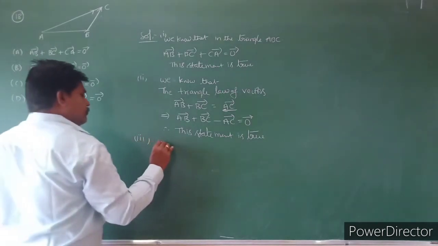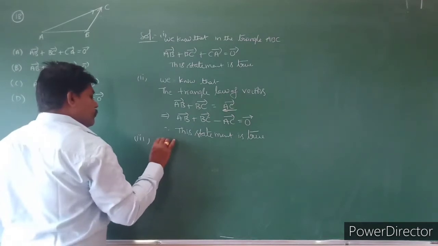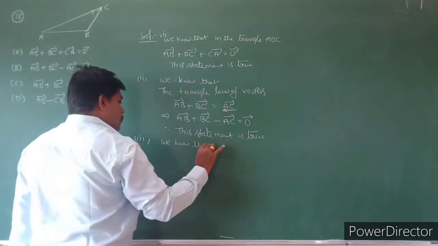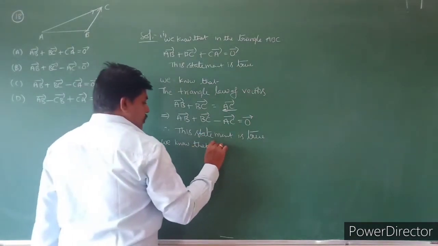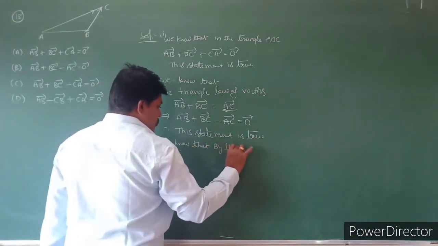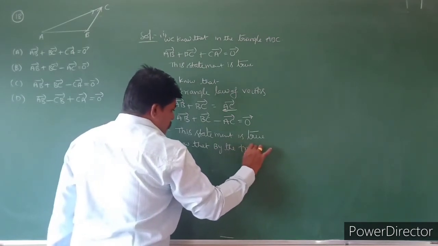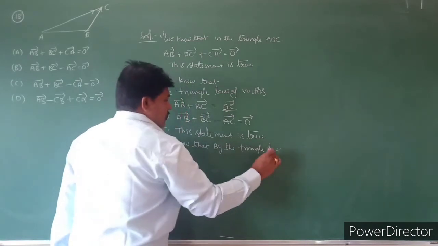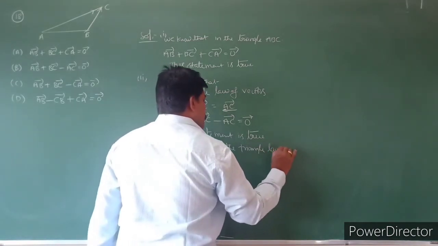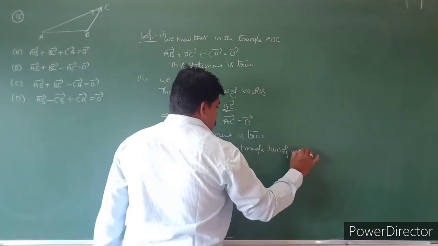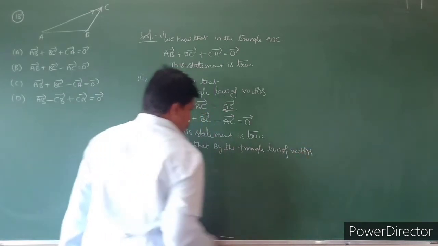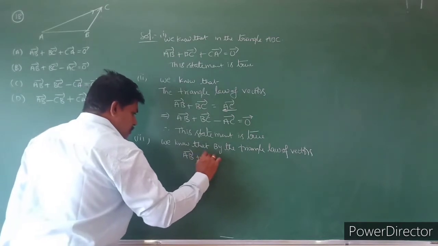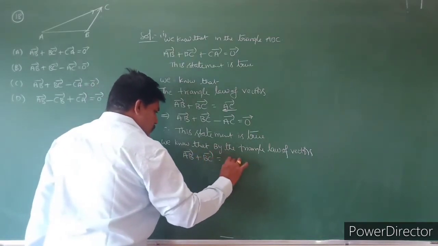We know that by the triangle law of vectors, AB bar plus BC bar is equal to AC bar.